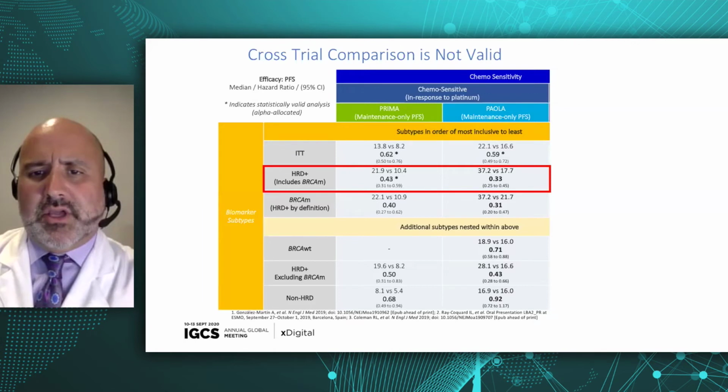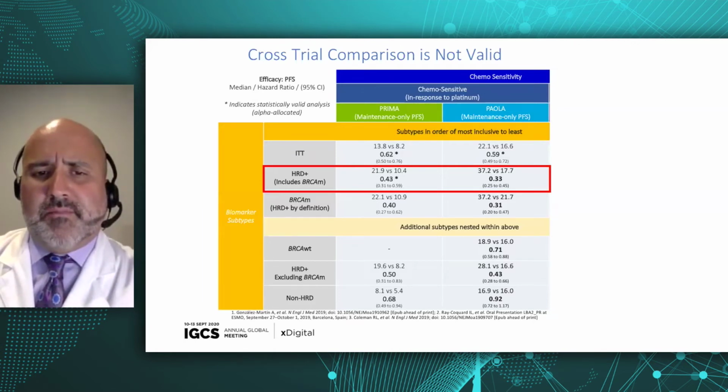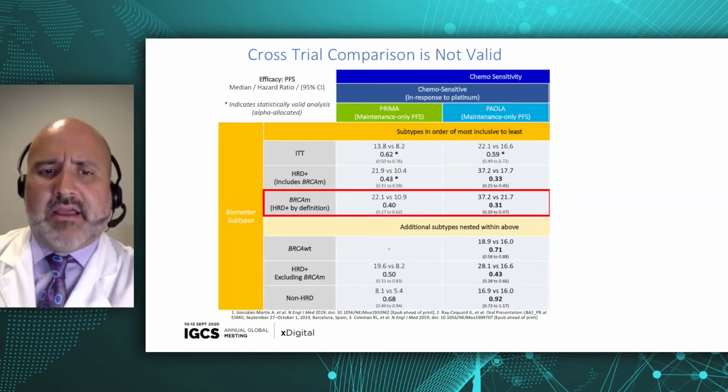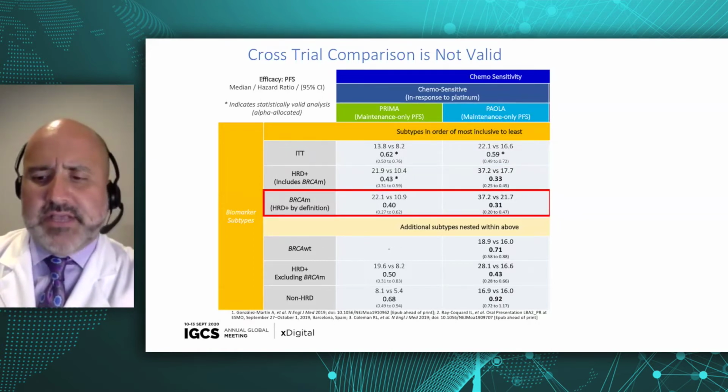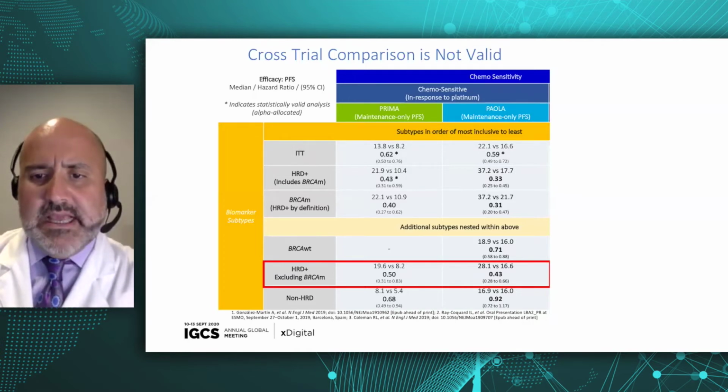But now we're looking at a year plus of improvement, but really that's driven by these BRCA positive patients. How about when we just look at these HR deficient patients and we exclude the BRCA mutations? We still see about a year improvement with hazard ratio of 0.4 to 0.5.